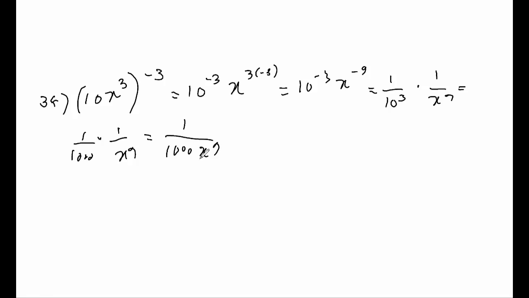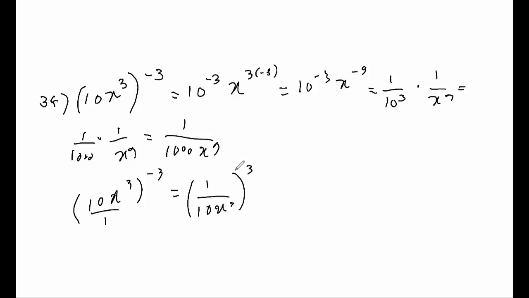Another way to do this, as I showed before, is to recognize, again with the exponent rules, 10 to the x cubed, negative 3, that I can just make that positive by recognizing that this really is something over 1, so that if I turn it over, I'll get 10x cubed, and this will be to the third, and then I will continue.